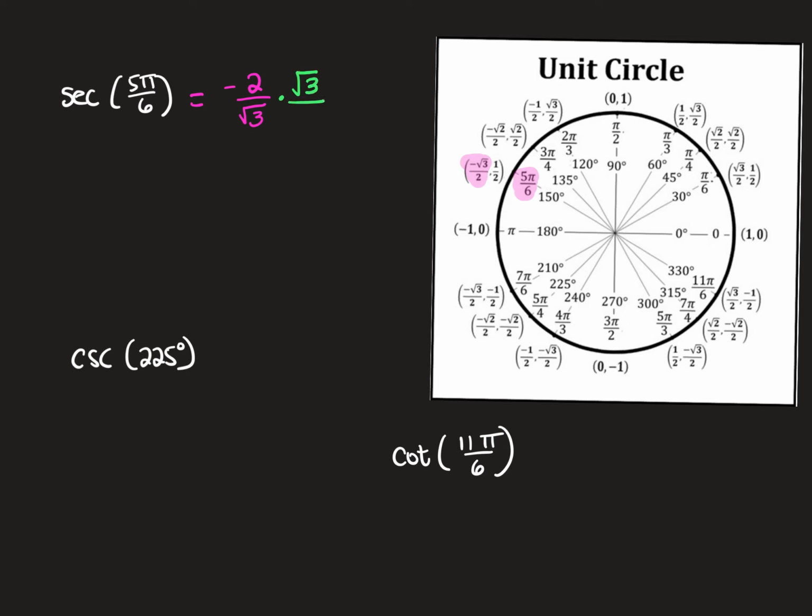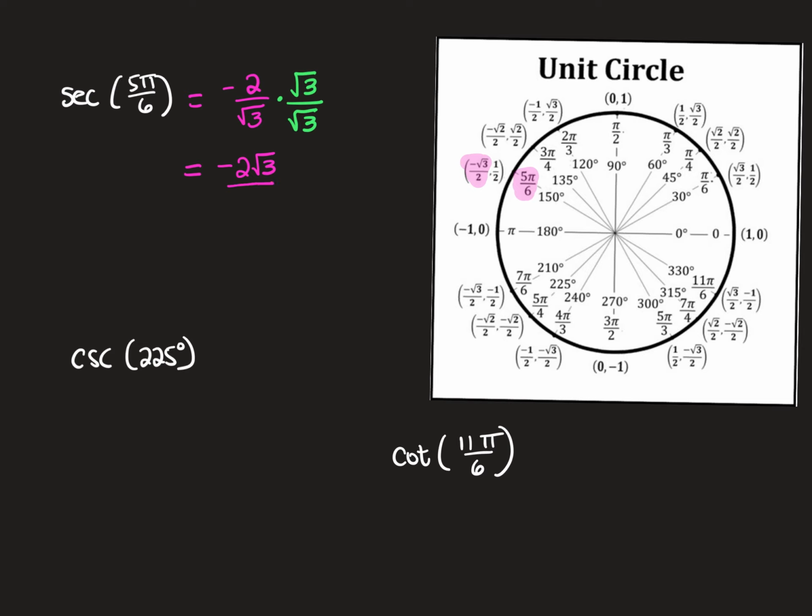And to rationalize the denominator, we're going to multiply by a giant 1 that's made up of whatever the square root is that's in the denominator. And then we're going to simplify that. So multiplying our fraction, we know we multiply negative 2 times radical 3, and we're going to get negative 2 radical 3. And then we multiply radical 3 times radical 3. When you multiply radical 3 times radical 3, there's a couple ways to think about that.